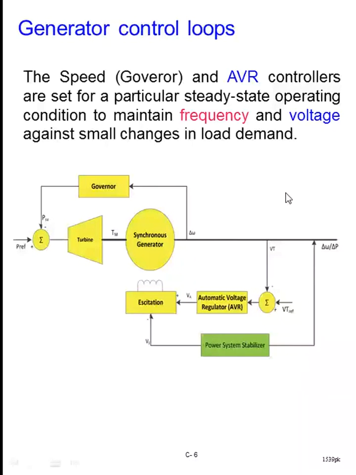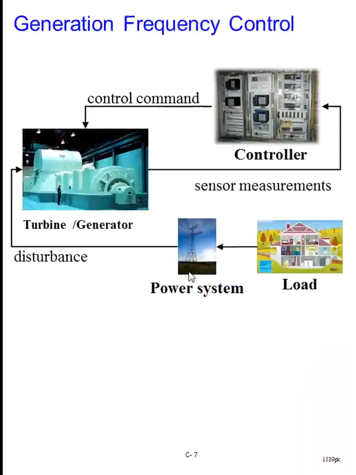That could be shown in another way if I consider the frequency control. So you have a control command, let's say how much power you want to generate. That is given to the turbine generator unit here, right? And then there is a feedback to the controller part here.